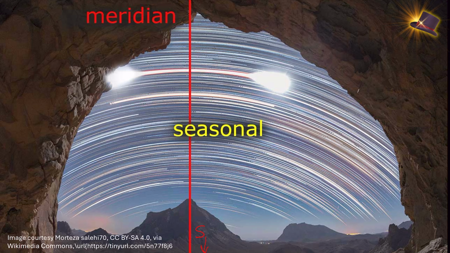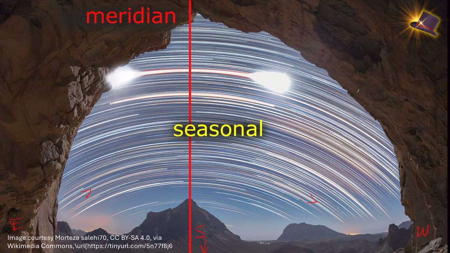and you can see the circles of stars that are going to, see, this is south, and so this would be west on this side and east on this side. They're going to rise in the east and set in the west. None of these stars are circumpolar because all the circumpolar stars are hidden.